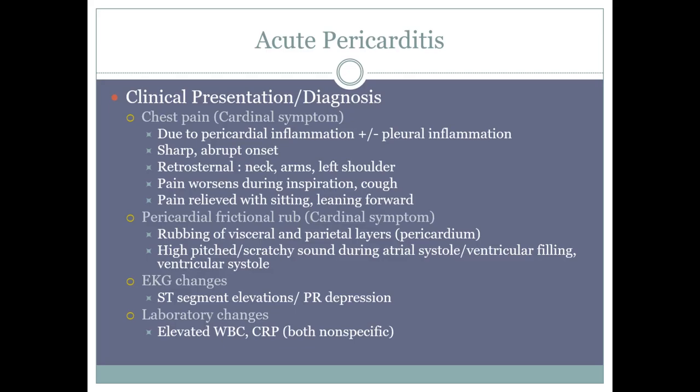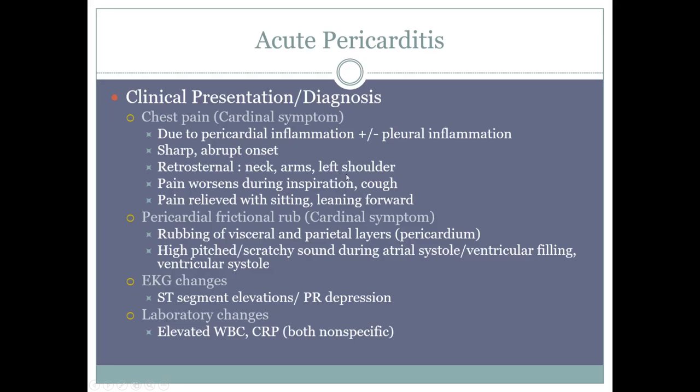Okay, so typically sharp, abrupt onset, again caused by a viral disease, for example. It does cause chest pain, so it's very easy to confuse with a myocardial infarction, for example. Okay, it does have some radiation to the neck, arm, and shoulders, which also could be confused with myocardial infarction.